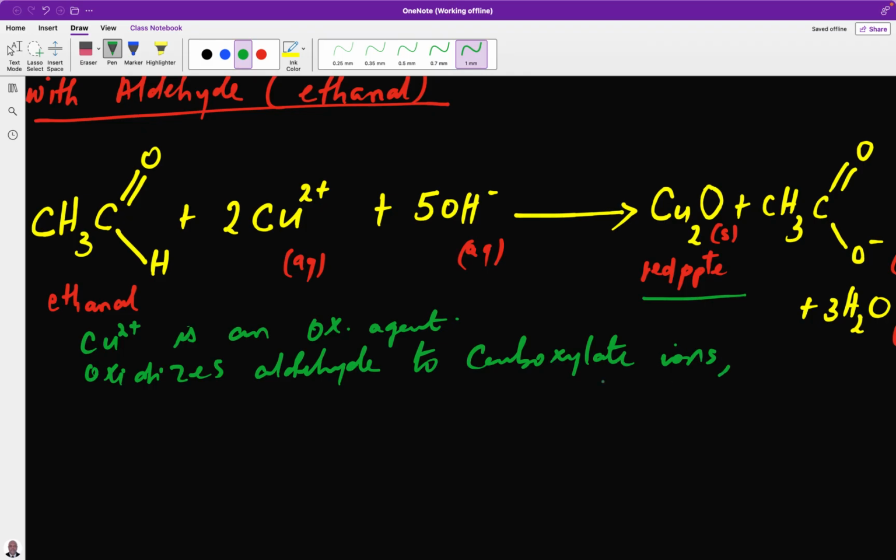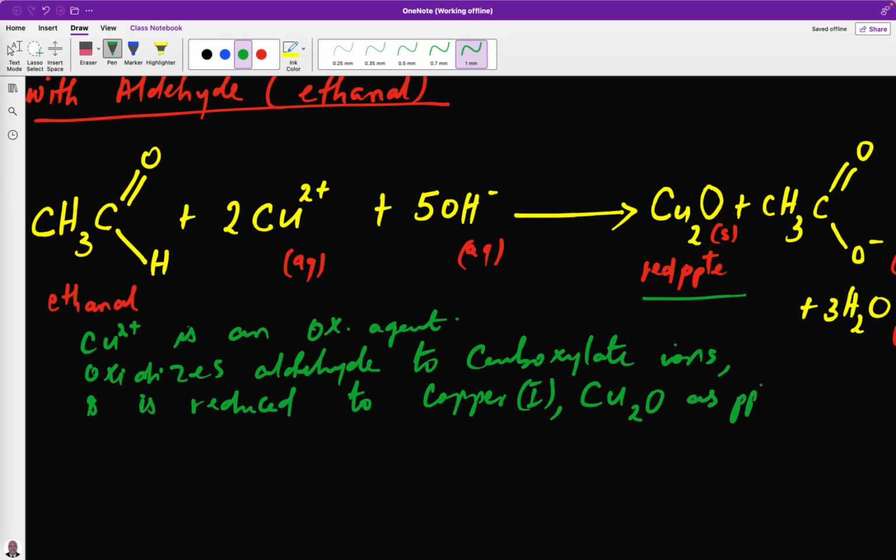The carboxylate ion is formed, and the copper 2 is reduced to copper 1 as a precipitate.